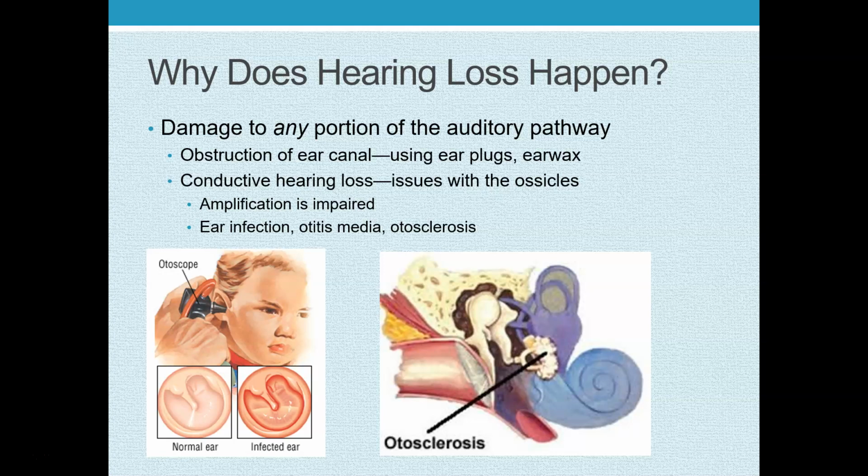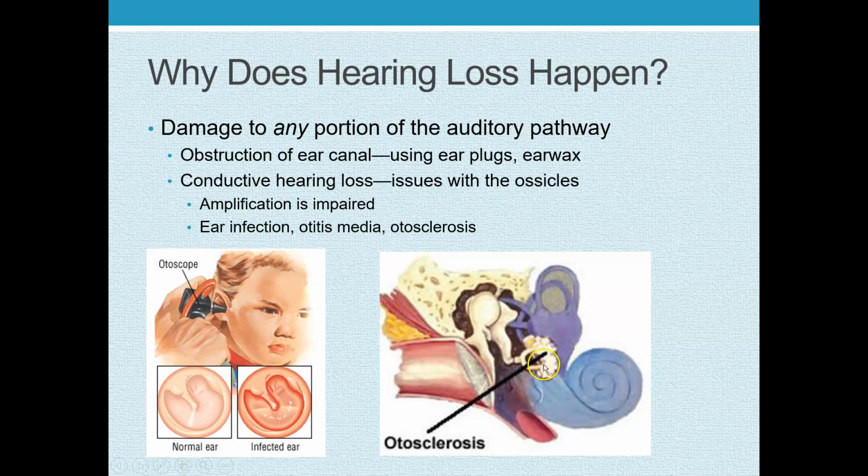This is a case where you actually have issues with the ossicles themselves, such as with something like this. This is otosclerosis. You can kind of see that normally the stapes is very, very smooth, so it can attach to the membrane of the oval window.